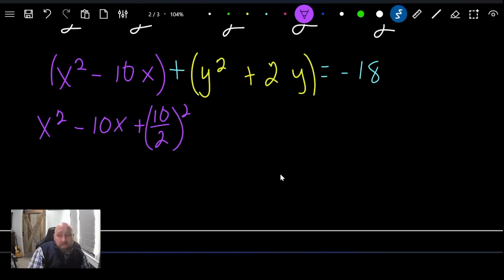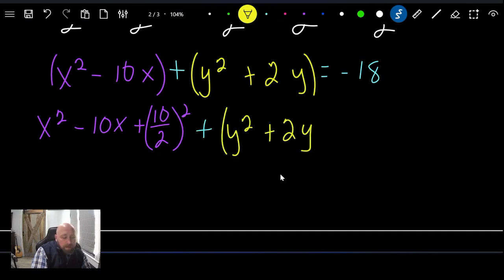And I need to do the same thing with this y term. So this is plus, and then my y term is y squared plus 2y. I'm going to cut it in half, and I'm just going to write it like this so you can see it. Obviously, you should know what that is when I square that.